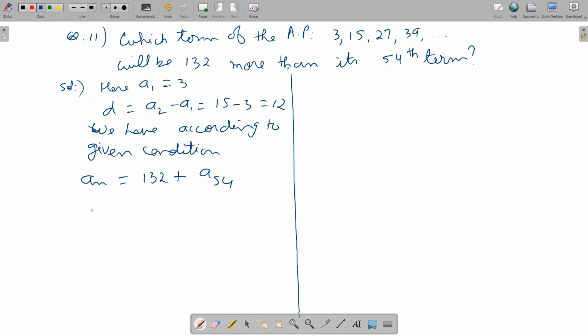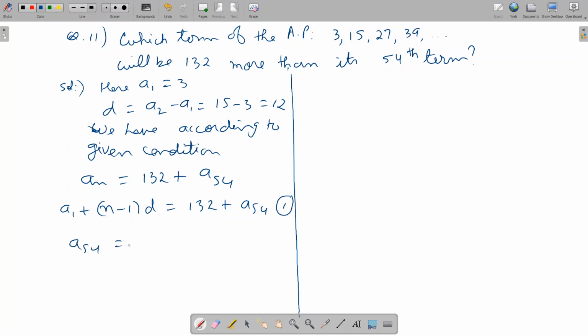Now we will put the values here. AN, we know, is A1 plus N minus 1 into D, equal to 132 plus A54. We do not know the value of A54, so let us first find A54 so that we can put it in equation 1.